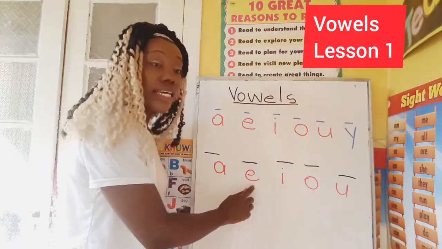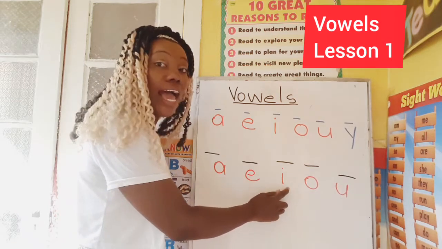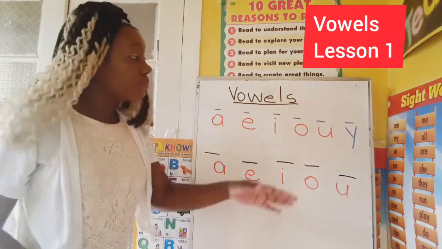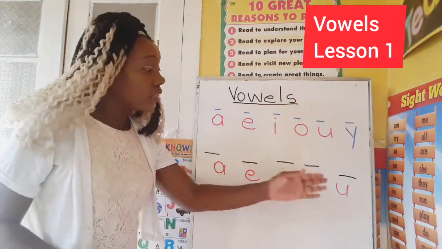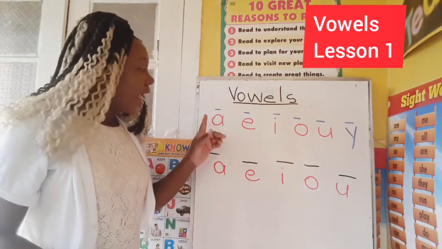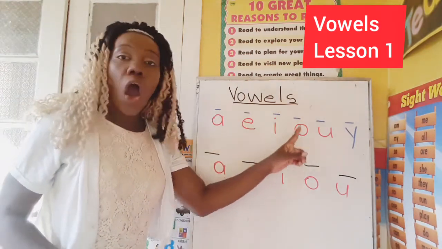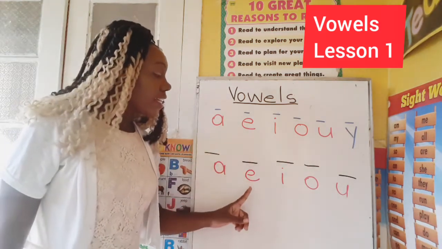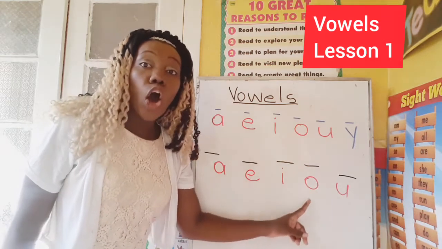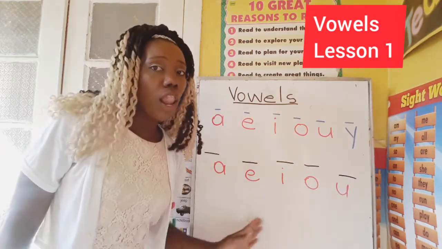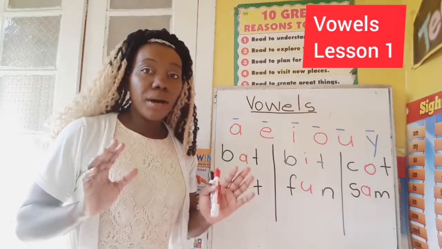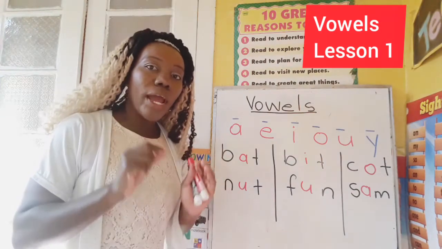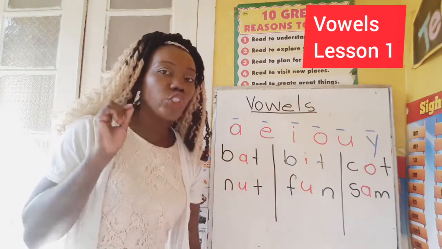A, E, I, O, U. So, short vowel sounds, long vowel sounds. A, E, I, O, U. Short vowel sounds. A, E, I, O, U. Long vowel sounds.